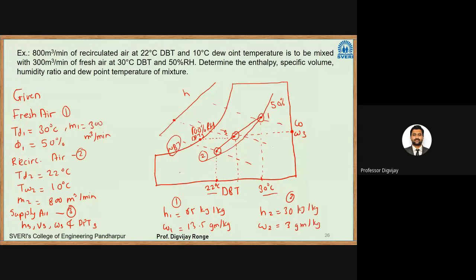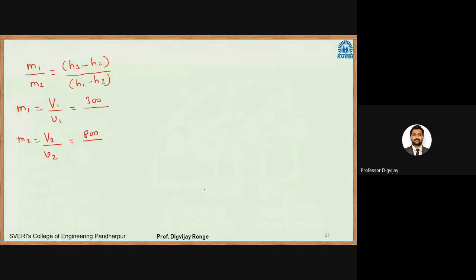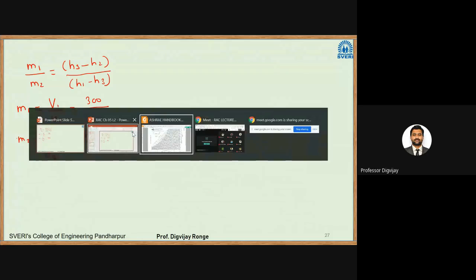Okay, so what is remaining here? Specific volume, that I will also follow from the psychrometric chart.